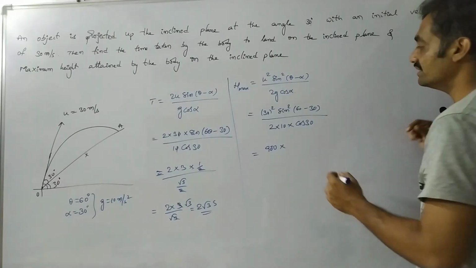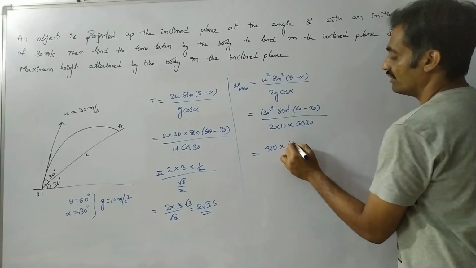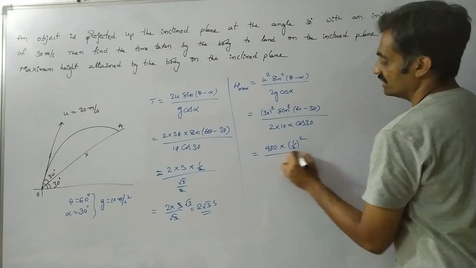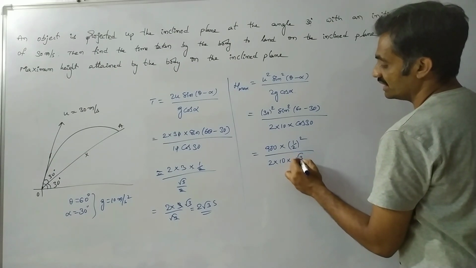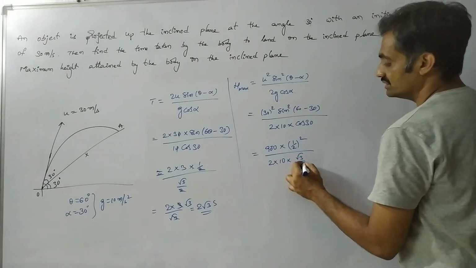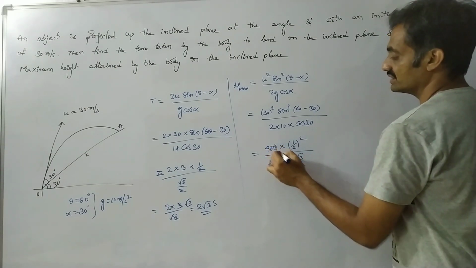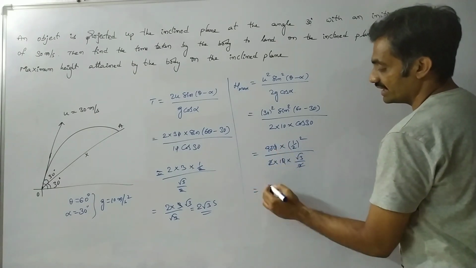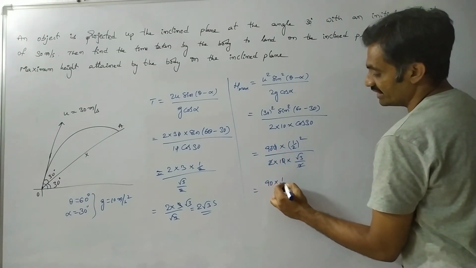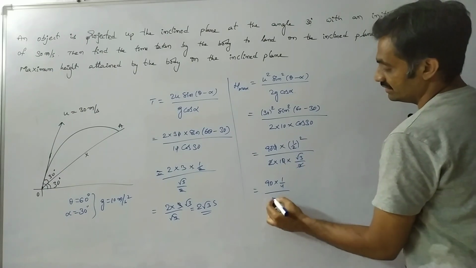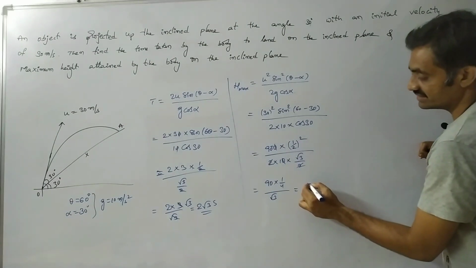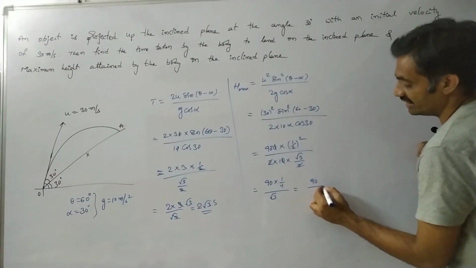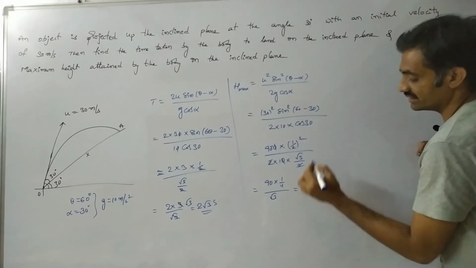So we know that the sine 30 value is 1 by 2. So we have 1 by 2 whole square by 2 into 10 into cos 30, which is root 3 by 2. So now here 2 and 2 get cancelled and 10 gets cancelled. So we have 90 into 1 by 4 by root 3. So based on that we can represent it as 90 by 4 root 3.